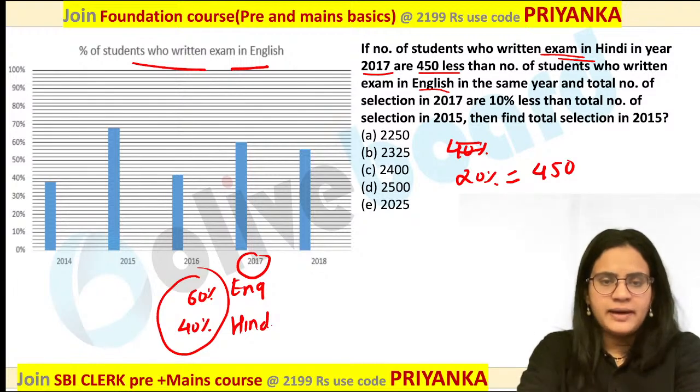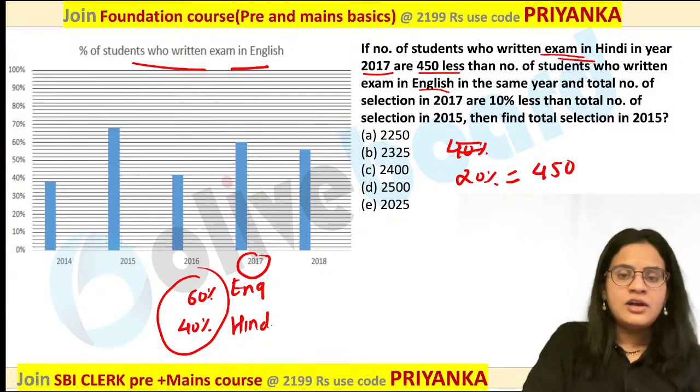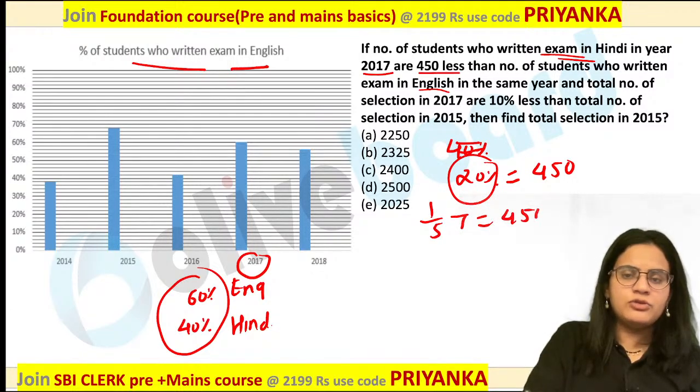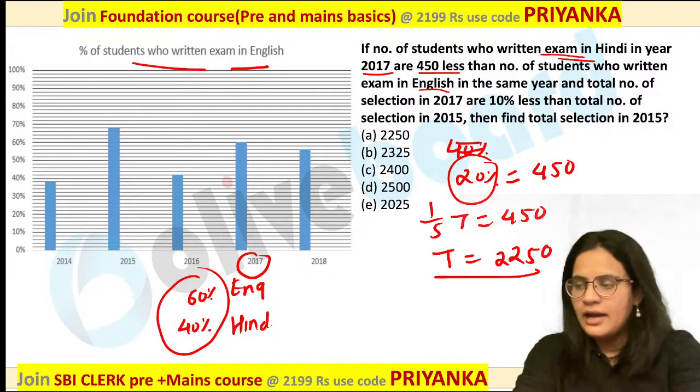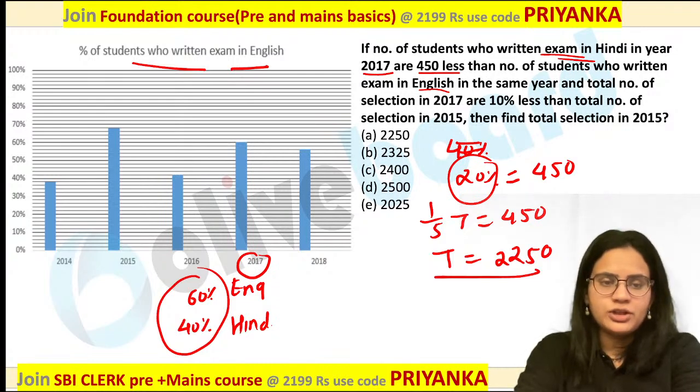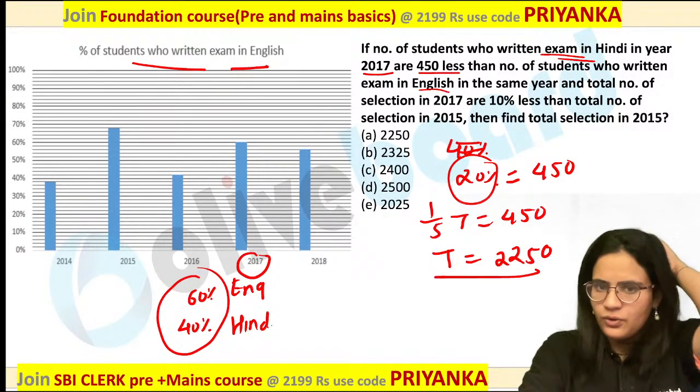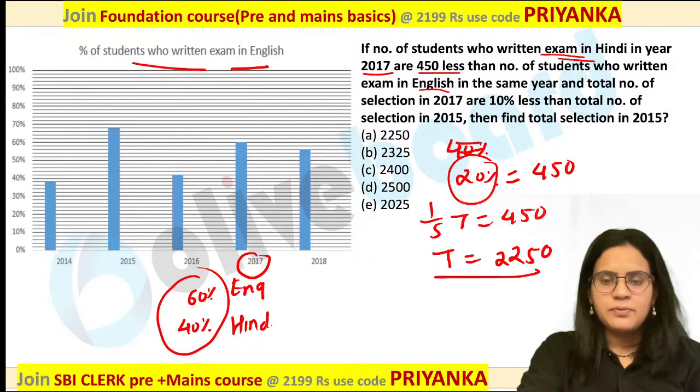Now you know that 20% is nothing but 1 by 5 of the total, which equals 450. So how many total students would be there? You can calculate the value as 2250. What would be the total over here? 2250.